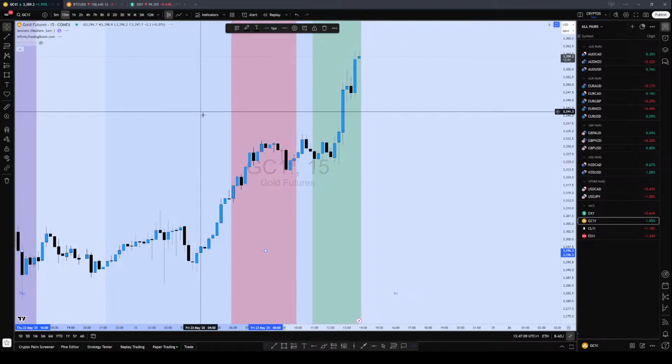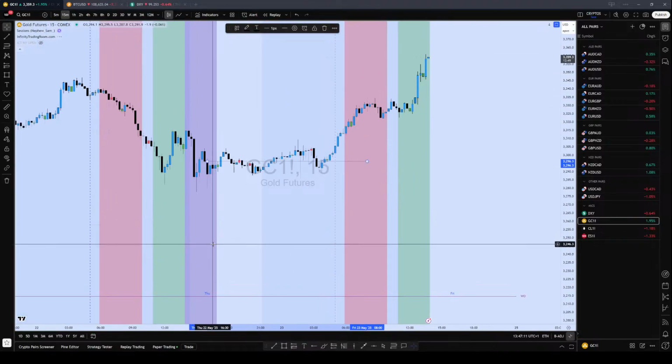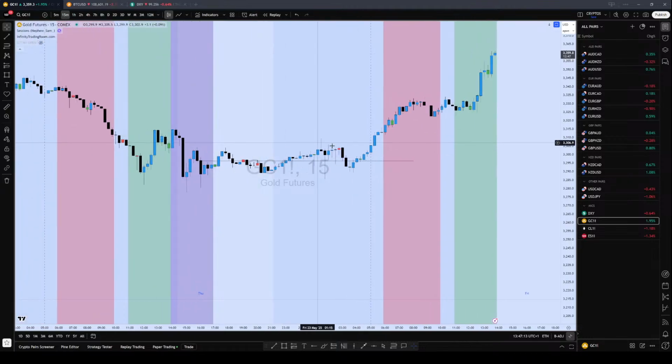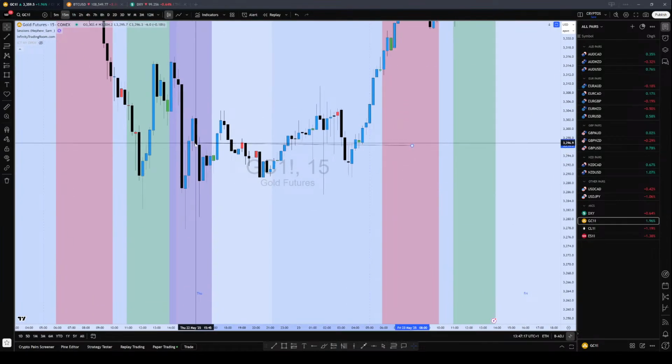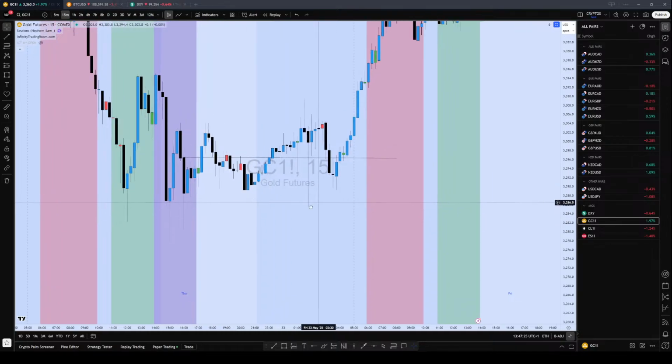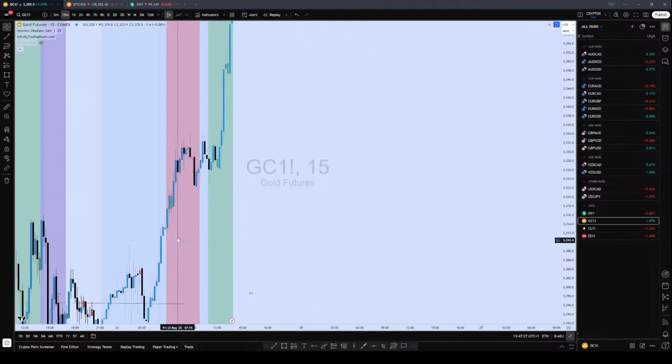Or if I was to drop down to the lower time frame, this down candle, this one, and then they never went back below it again, and that's why price shot up.